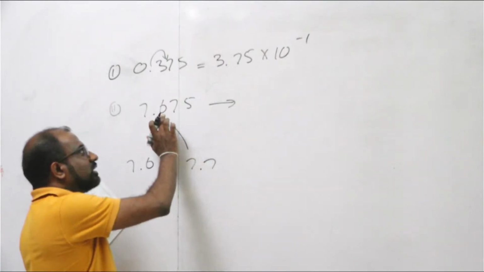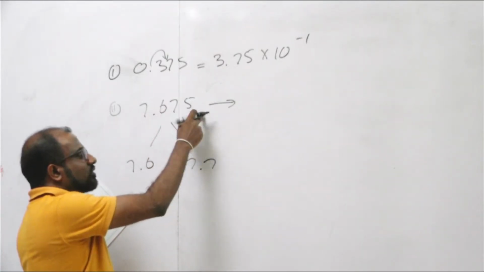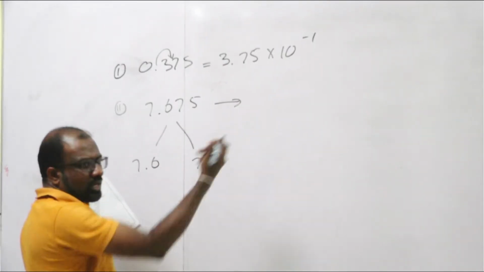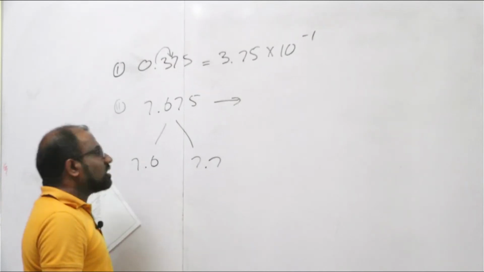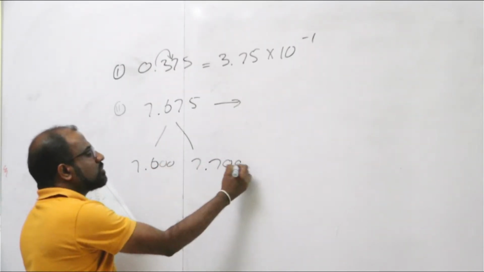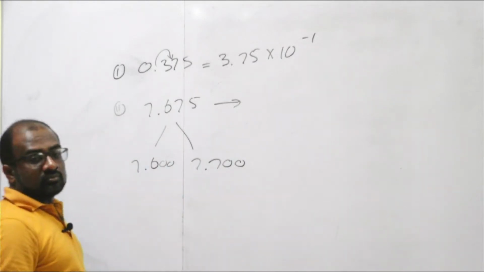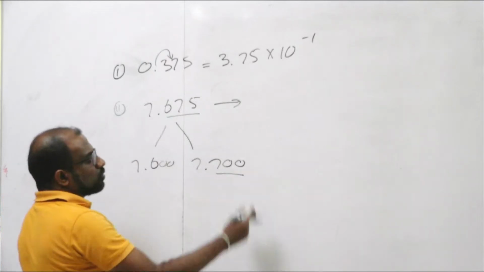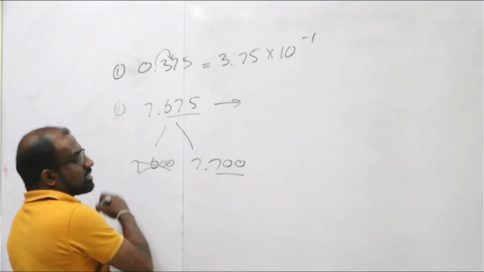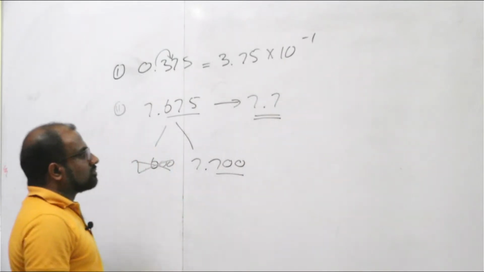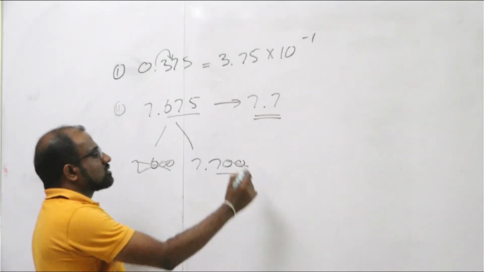To which side is 7.675 closer? You can write 7.7. The best thing is to put 2 decimals here, put 2 zeros. 675 is closer to 700 than 600. So the answer is 7.7.